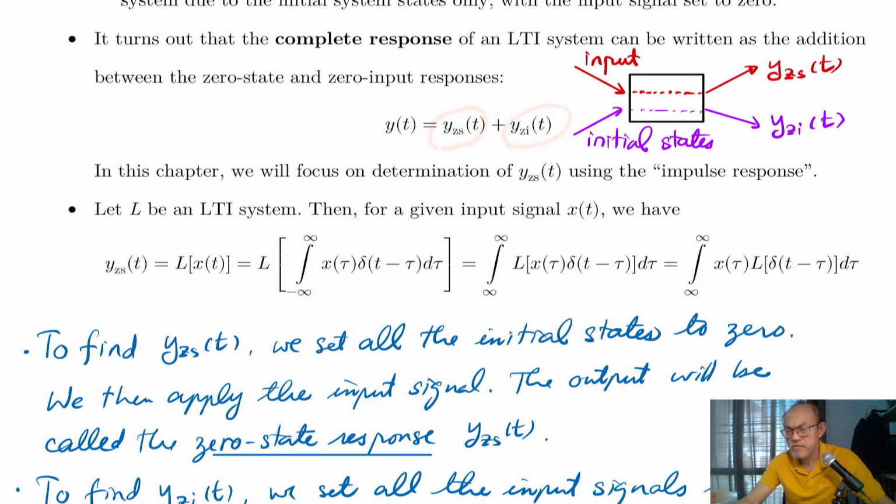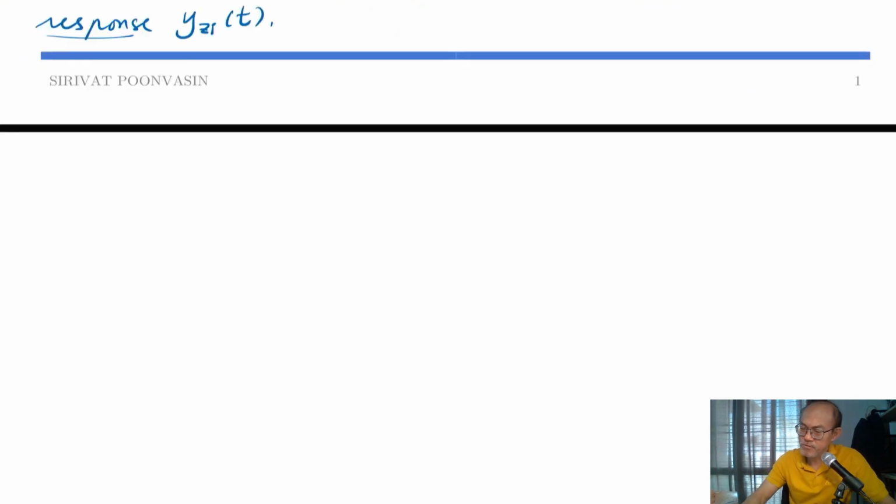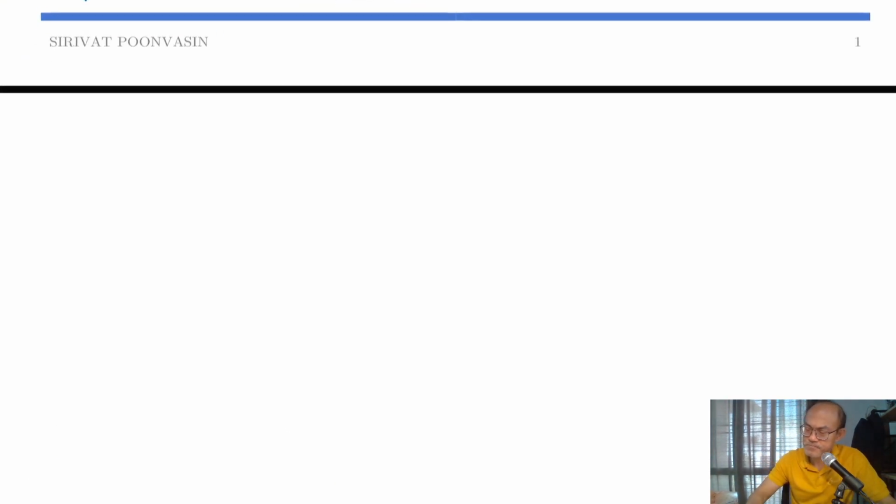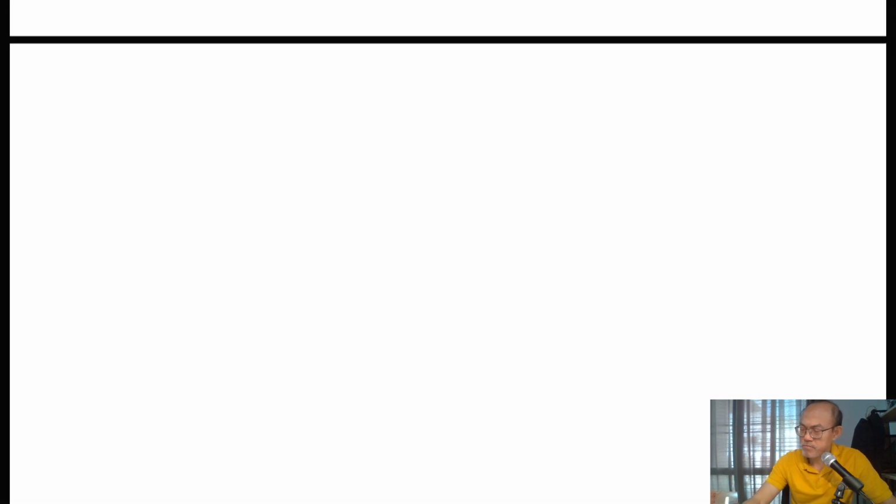So if you have a system that has both initial states and input, you can find each one separately, and then you can add them together in the end to find the complete response from that system.